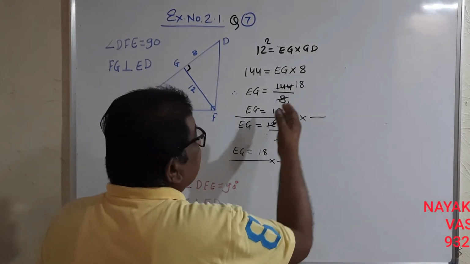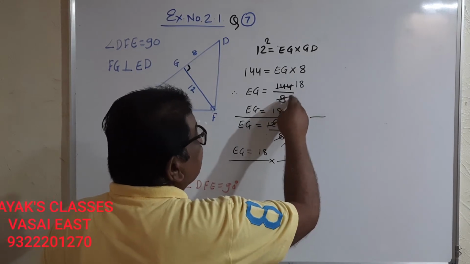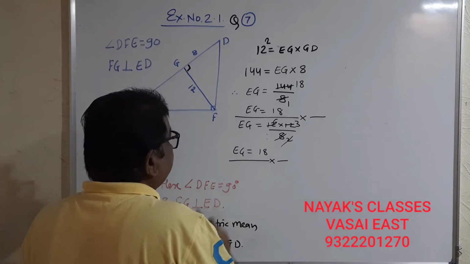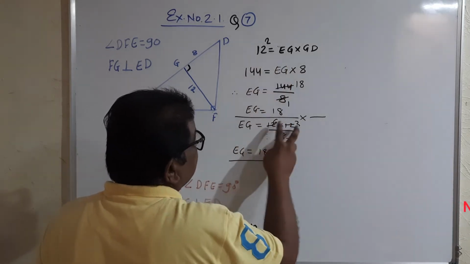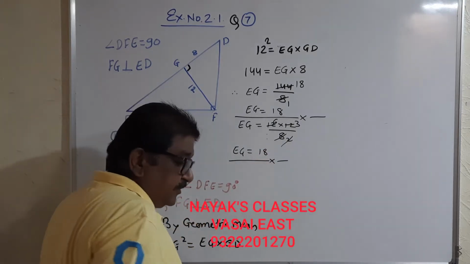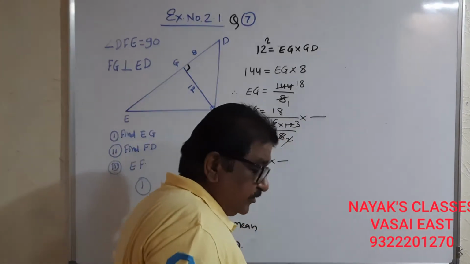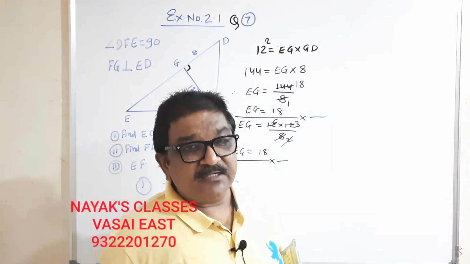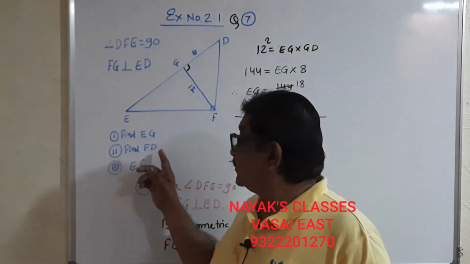If you are stronger in the tables, 8 18s are 144. Otherwise 12 square means 12 into 12. This is second part. Correct? So this gives you idea of first calculation.